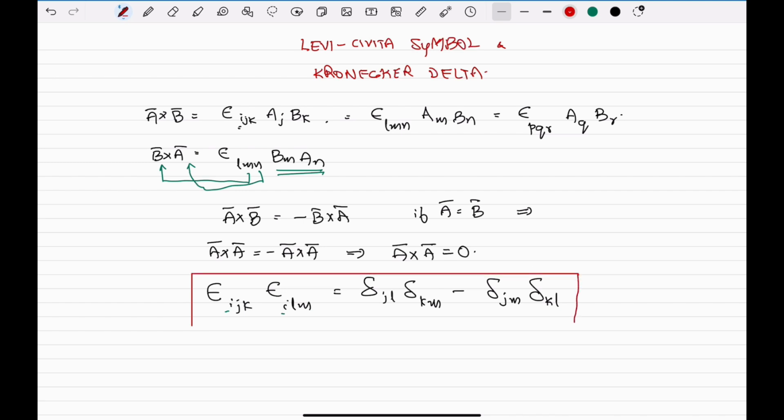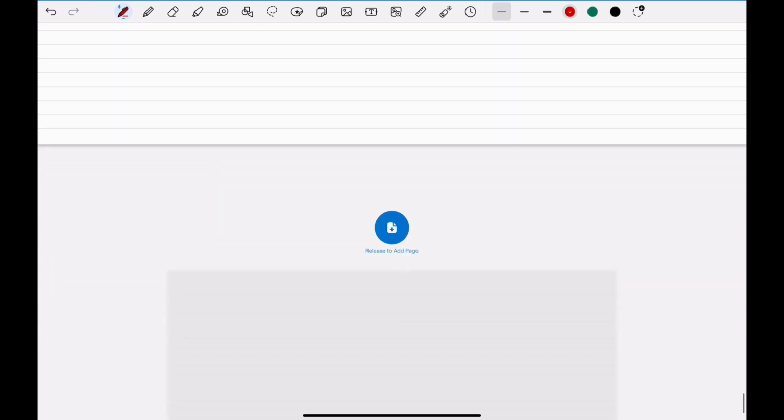Be careful with the sequence whenever you are using Kronecker delta and Levi Civita symbol. These two are the major equations which we had discussed in the last class.